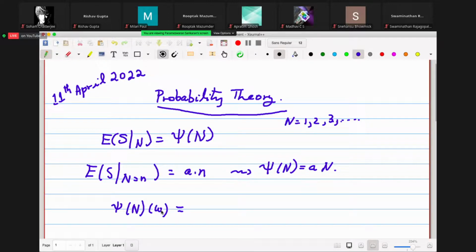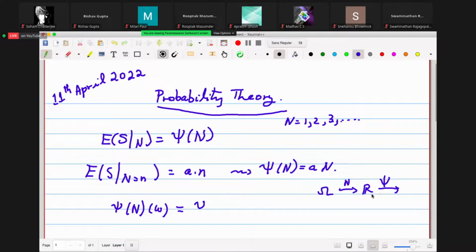So what is this? The psi of N is nothing but a function: you have some omega mapping to real numbers, that's your N, and then psi is a function defined on the natural numbers, and if it's not a natural number then it is 0.